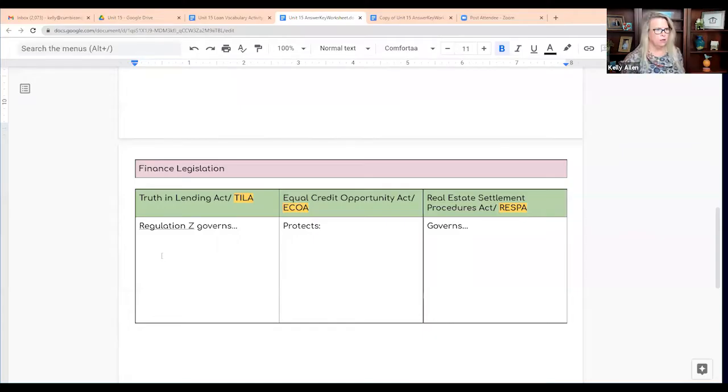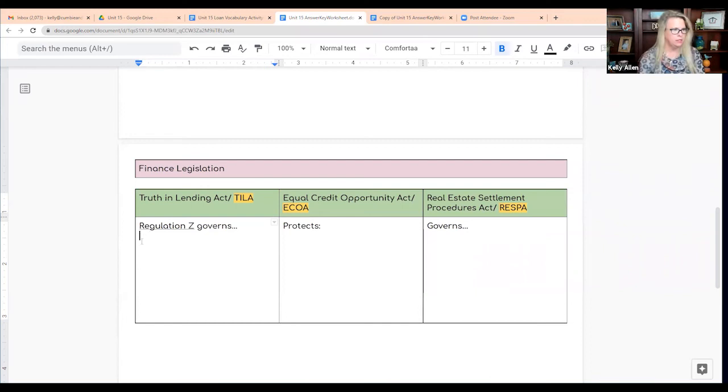Okay, because finance legislation is here, part of your graphic organizer, we're making an answer key anyway. Let's go ahead and knock it out. I had to skip a little bit ahead in the course syllabus, but you guys don't mind. So let me share my screen again. All right. Now, we've got some really nice information in here.